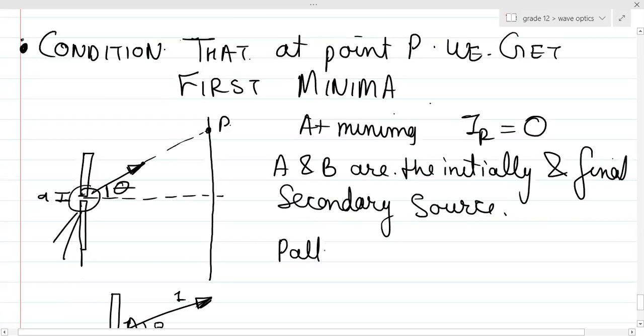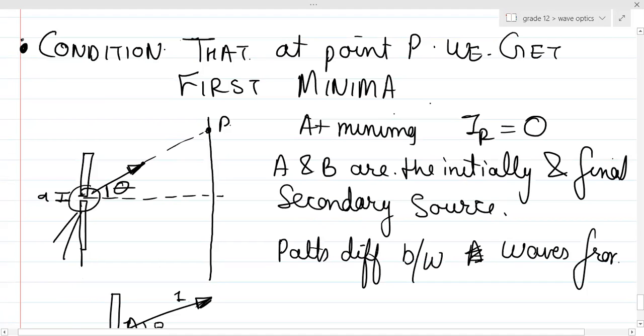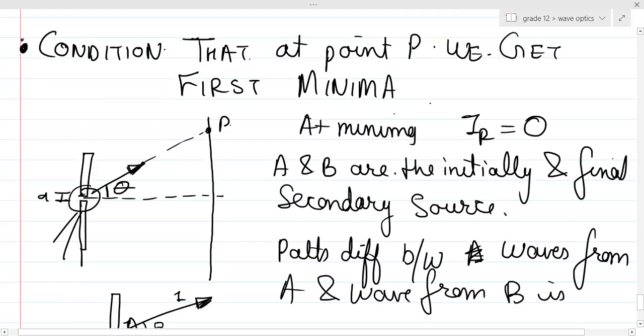The path difference between waves from A and wave from B is.